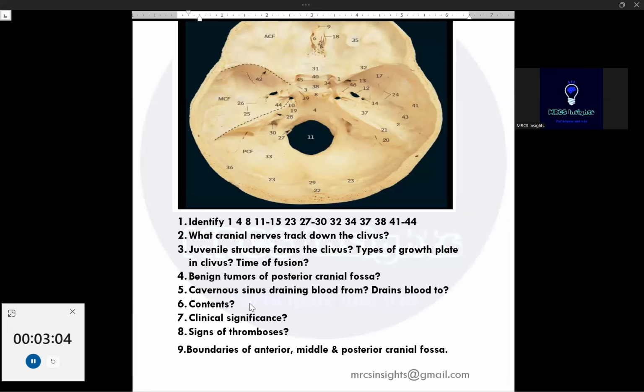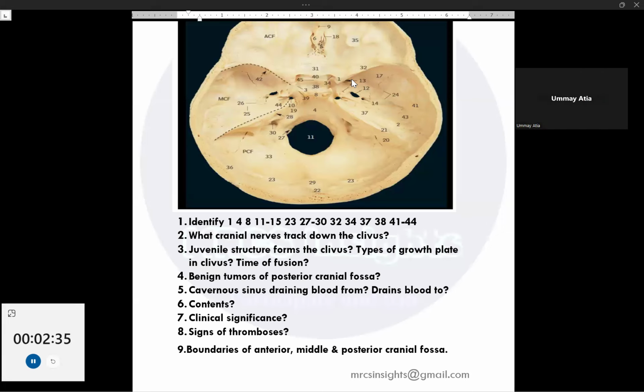Excellent. So what is the clinical significance of this cavernous sinus? If there is infection in the dangerous area of the face drained by the ophthalmic and facial veins, and these veins are valveless, and as the cavernous sinus receives blood from them, the infection may go to the cavernous sinus, producing cavernous sinus thrombosis. So what are the signs of cavernous sinus thrombosis?